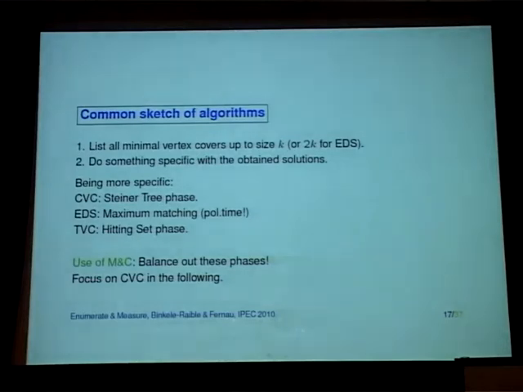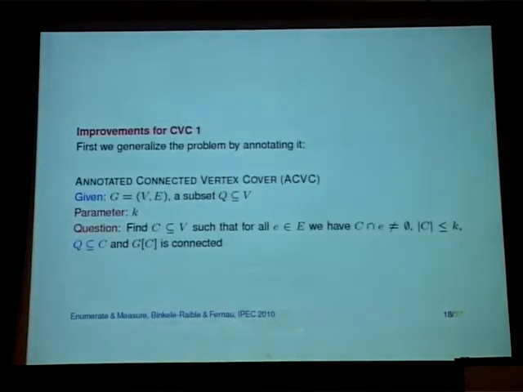I will focus now on CVC. In order to get something for CVC and also for all the other problems, we need some annotated versions of these to keep track of certain things happening.